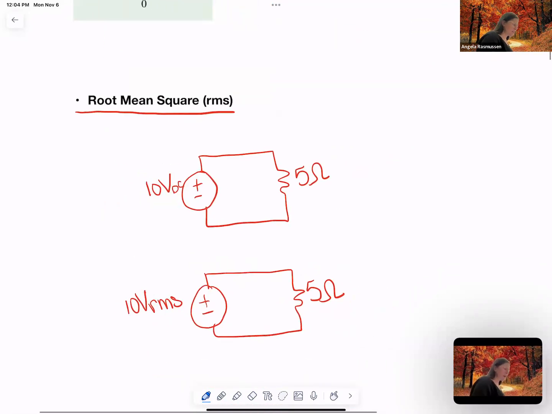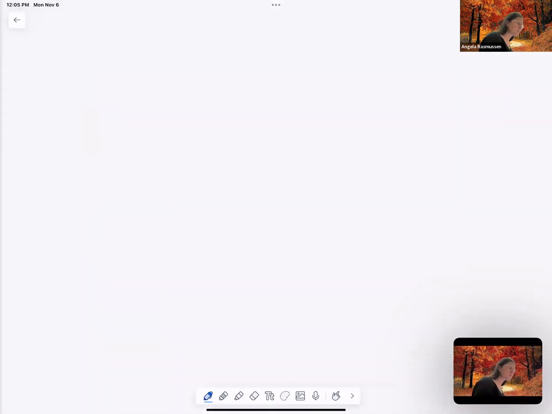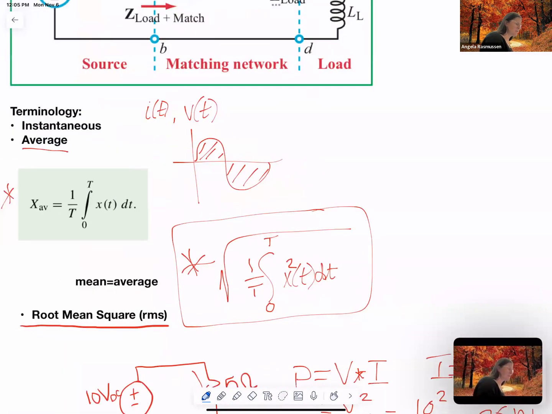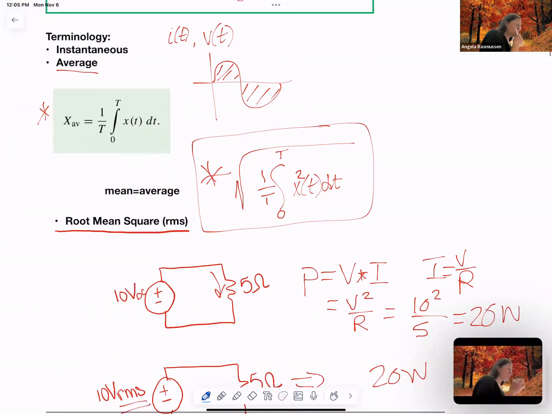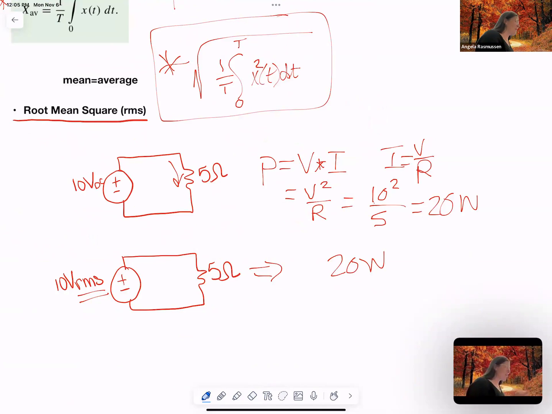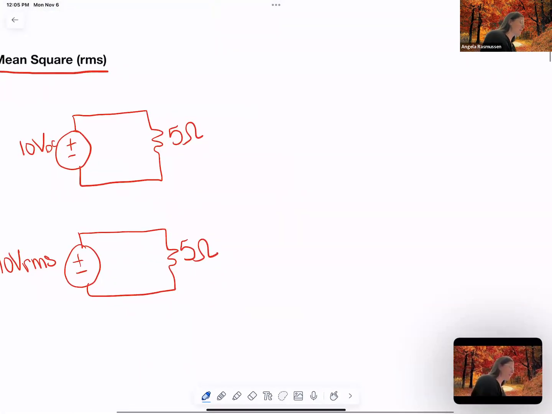The root mean square is, sorry, trying to find my notes. Oh, I remember how I was going to describe this. Okay, so if you have a DC signal and I'm trying to find the power going on here, what is power?